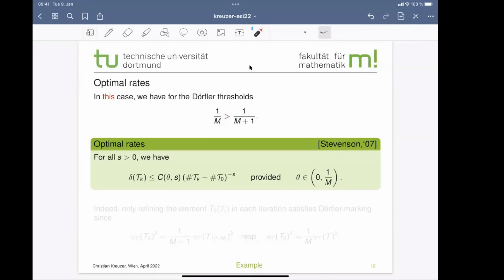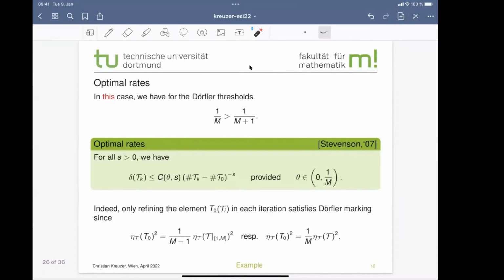That is the result by Rob. Whenever theta is between 0 and 1 over m, we can satisfy any rate s. Because we have exponential convergence, we can satisfy any rate s. So fix the rate s. This is true, of course, possibly for different constants, but you can prove that.